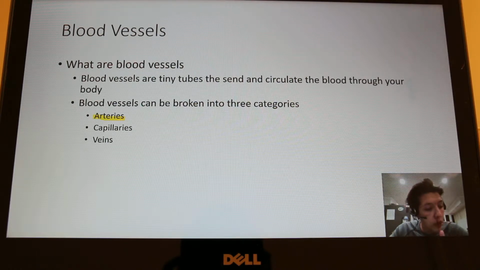There are only 2 exceptions of arteries that do not carry oxygenated blood, which are the pulmonary and the umbilical arteries. These 2 arteries are going to be carrying deoxygenated blood to organs that will oxygenate it. Now, there is one main artery that is the biggest one in our bodies, which is called the aorta.